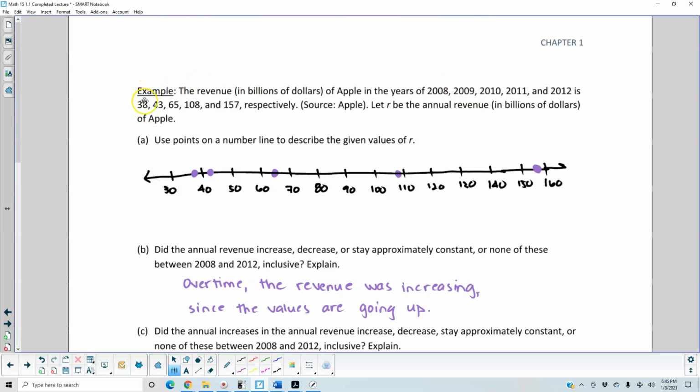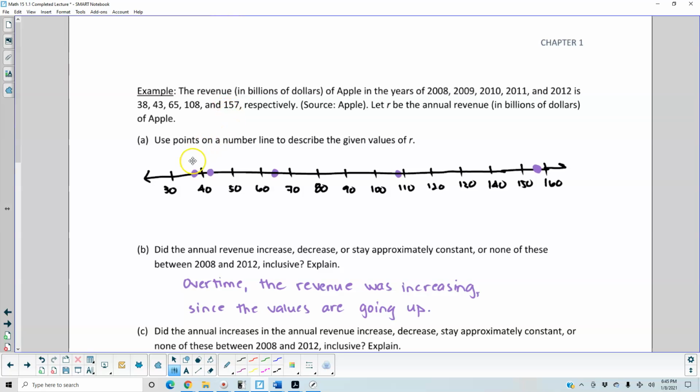In 2009, the revenue was 43 billion, and so on. And we're going to let R be the annual revenue in billions of dollars of Apple. So for part A, we're going to use points on a number line to describe the given values of R. So we're looking at these numbers, 38, 43, 65, 108, and 157.